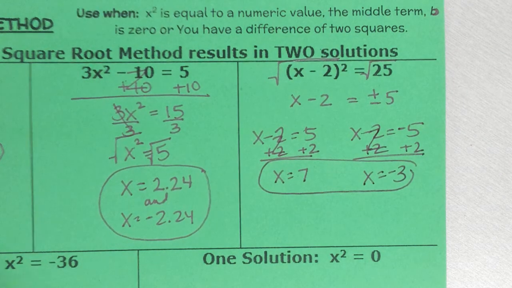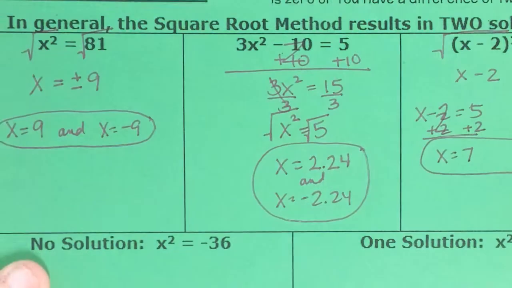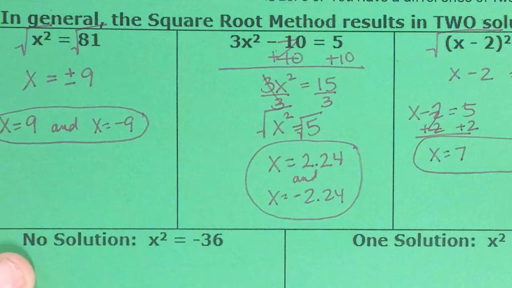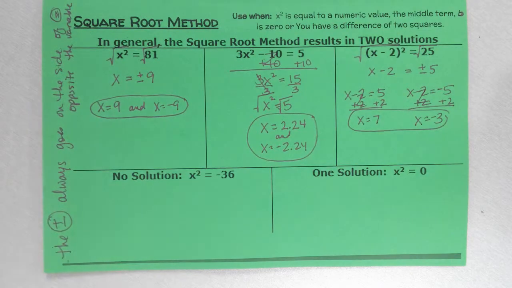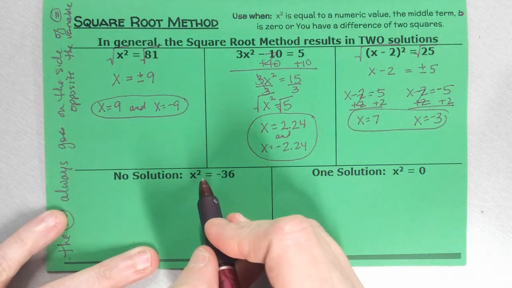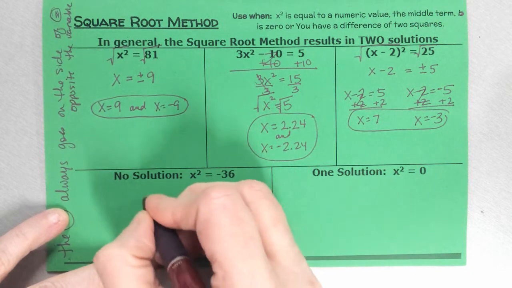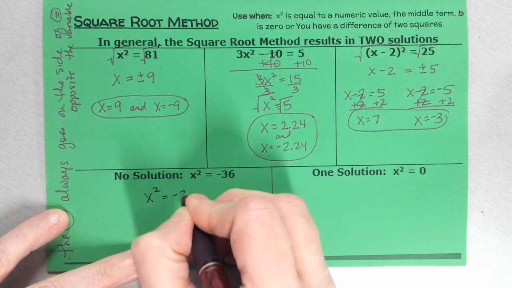Okay? These are the three most common scenarios you're going to see for the square root method. Now, I remember I told you, in general, we have two solutions. Well, there are some situations where we're going to have other answers. So this is what we might see when we might have no solution, okay? So I have x squared equals negative 36.